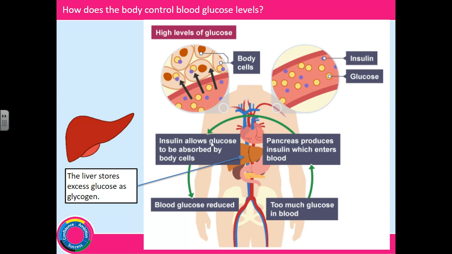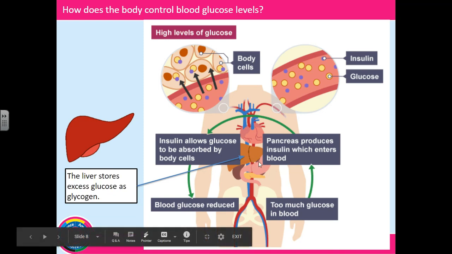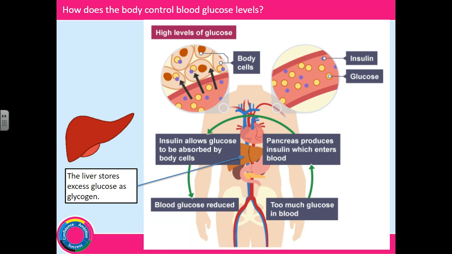The insulin allows glucose to be absorbed by the body cells, and the body cells that we're looking at are inside the liver. The liver is going to store all this excess glucose that's in our blood as glycogen inside the liver. That is then going to cause the blood glucose in the body to be reduced, and it is now at a normal level again. So it's gone from being too high to normal levels.